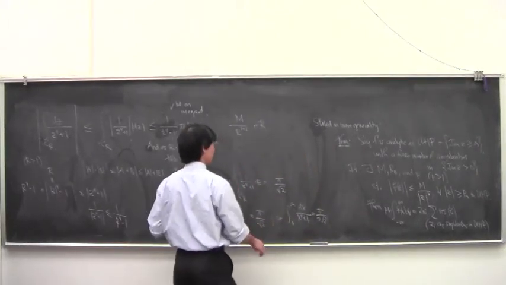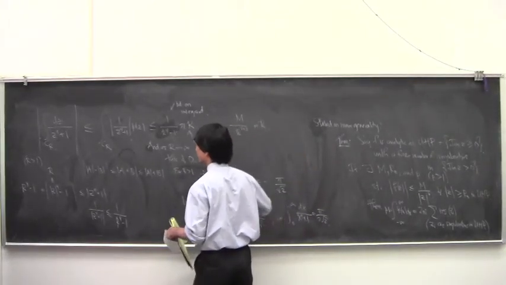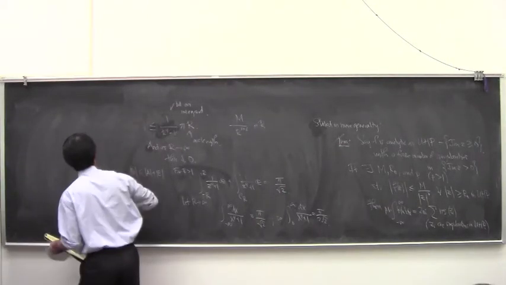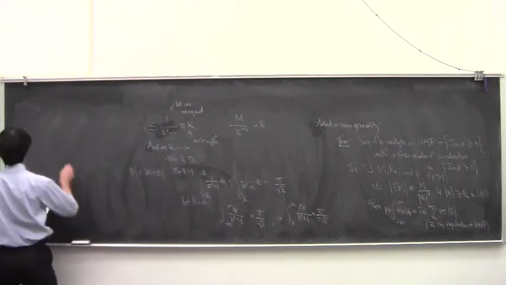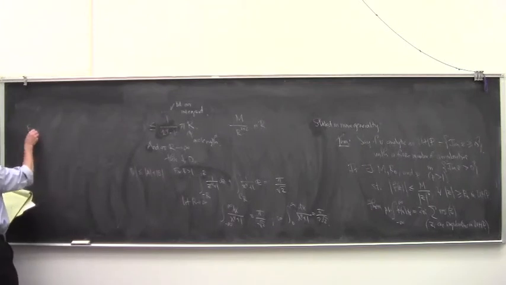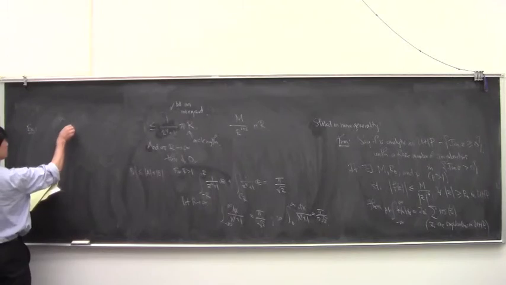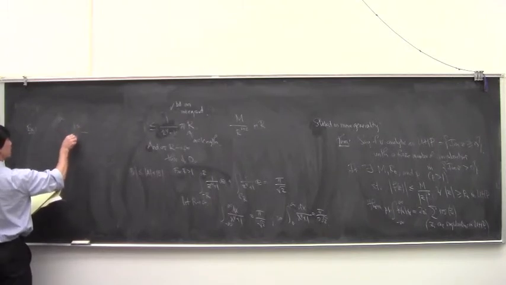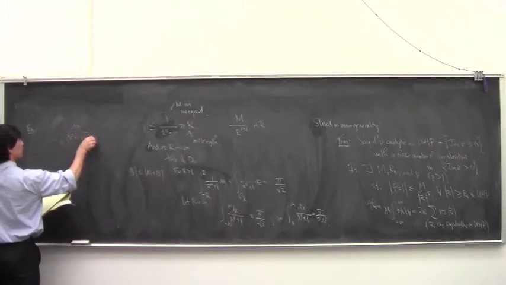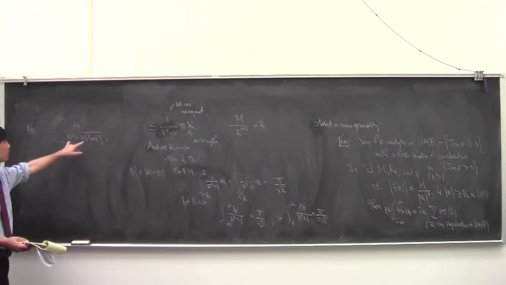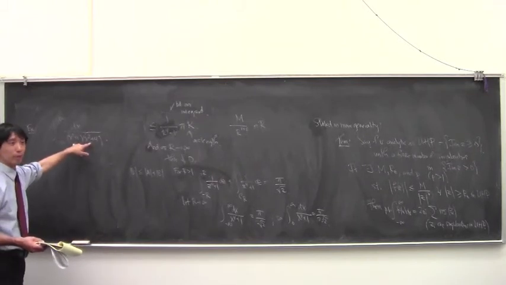So for example, if somebody is asking you about something like this, you can say, okay, I know that I can just apply this method, because you have basically something to the fourth on the bottom.